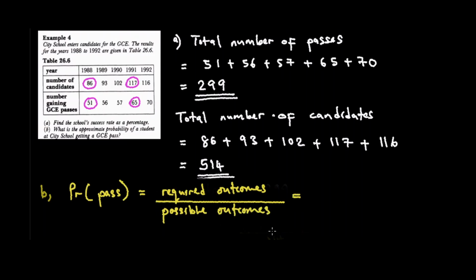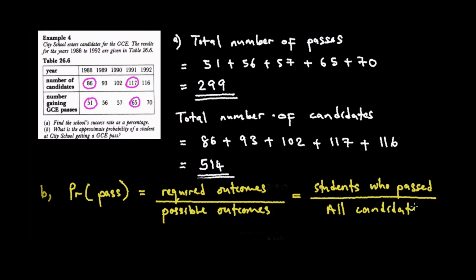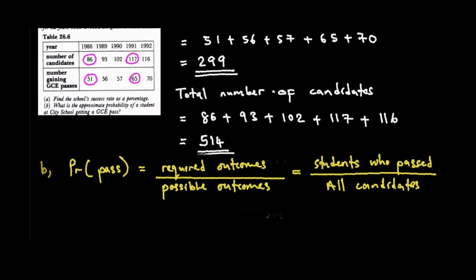Then it's also important to note kuti kana chiti required outcomes tikureva students who passed, munogona kubva mazoita contextualize your formula. Ndo iri required students who passed over all candidates. Saka ma-students akapasa tamacalculator taona kuti sum yacho 299, ma-students ese 514, saka tikwana the same answer.